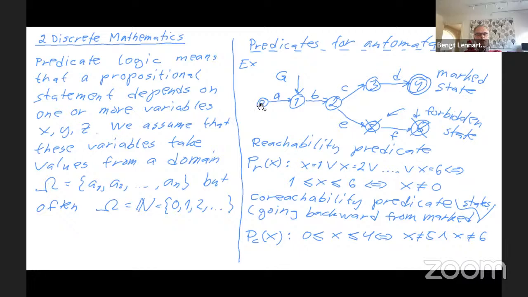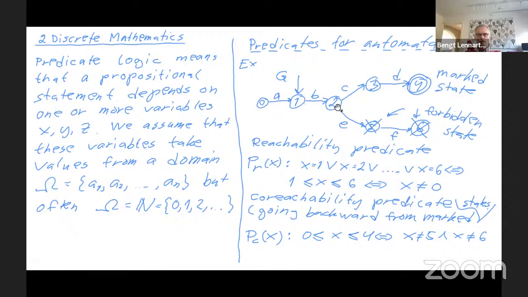Because from state 0 you can by an event reach state 1, but there is no arrow from state 1 to state 0. So you can say that state 0 is a non-reachable state. So one predicate I will look at is formulate a predicate saying which states are reachable.